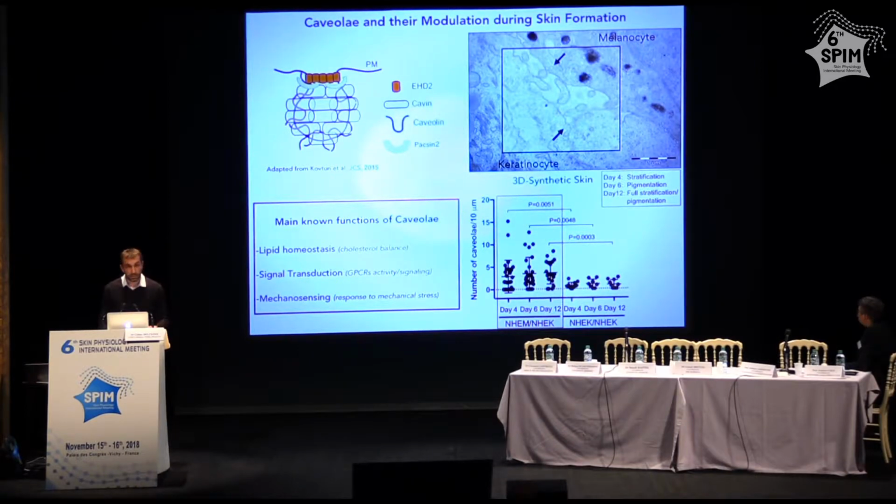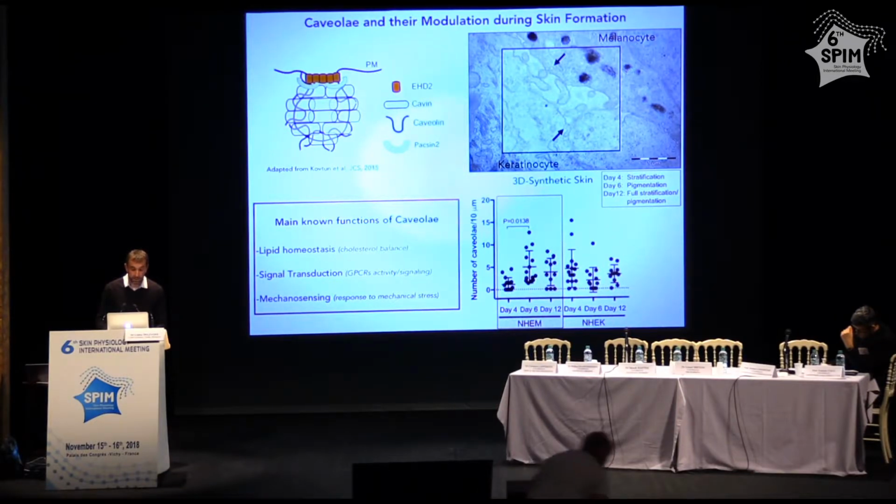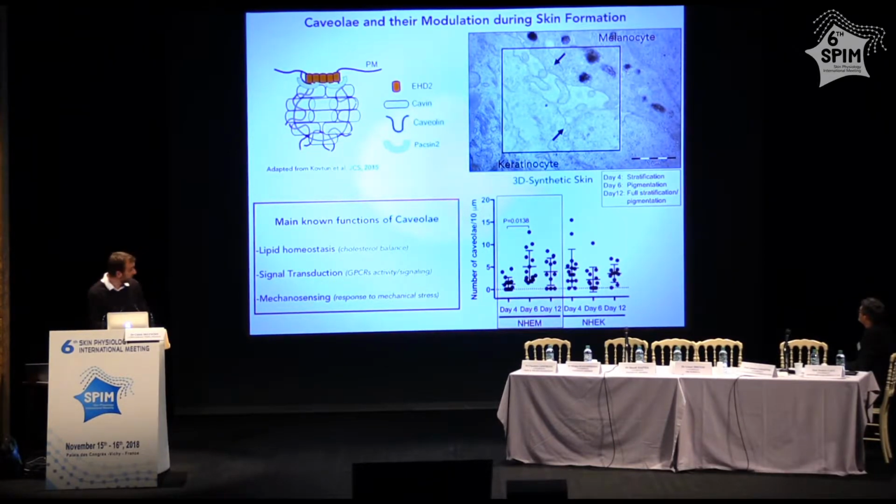We can also quantify the contribution of each cell within that interface. Clearly, both cell types contribute caveolae at their plasma membrane, but what is interesting is that over time of formation of the skin, the melanocyte is the one that makes this number of caveolae evolve, with a peak at day 6 where the skin starts to pigment.